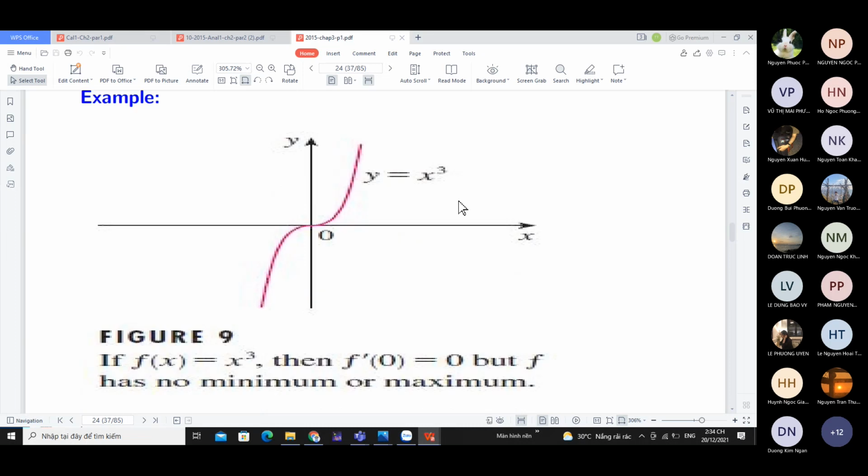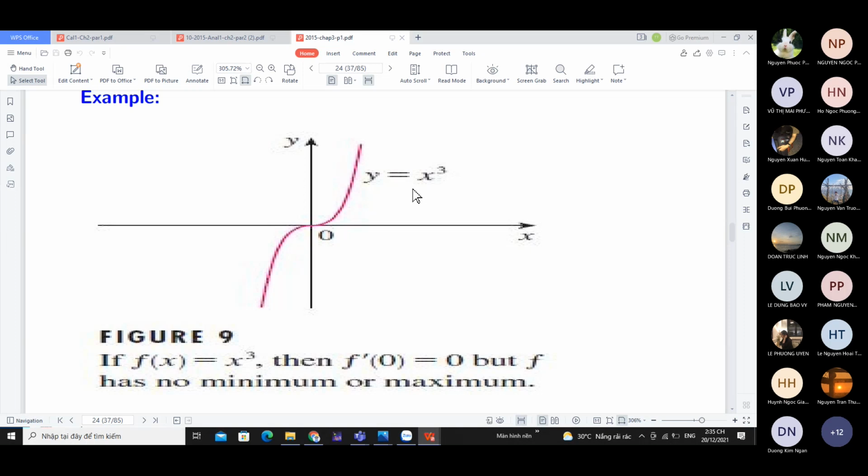Here is a counterexample. We consider the function f of x equals x cubed. Clearly, you have f prime of 0 equals 0, right? Because f prime of x gives you 3x squared, so when you replace x with 0, you get f prime of 0 equals 0. And f of 0 gives you 0.